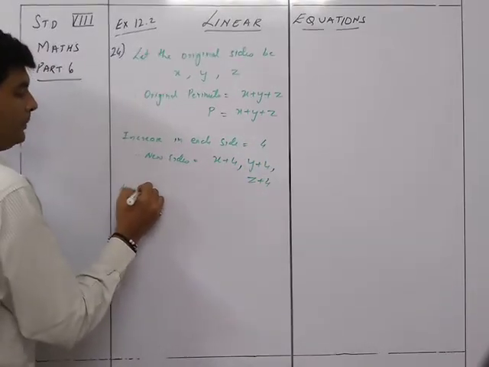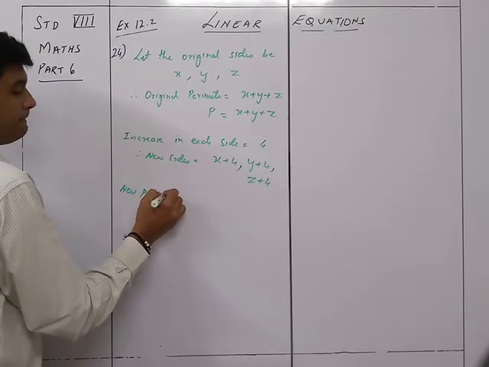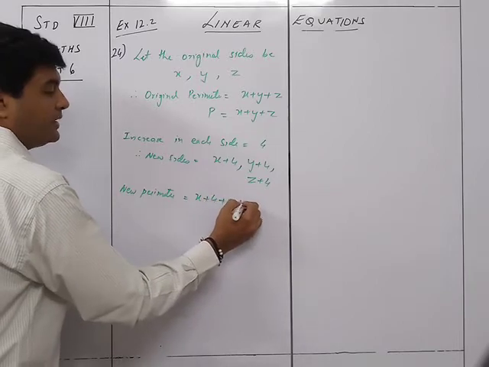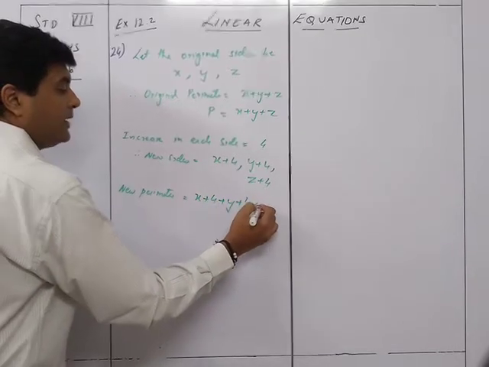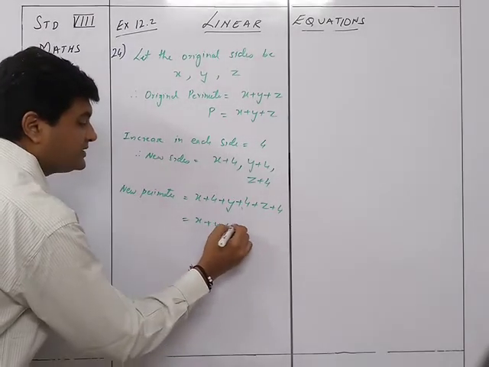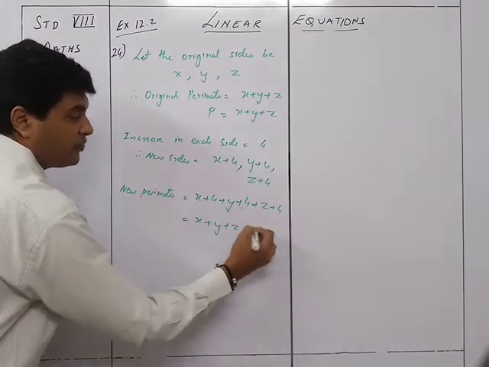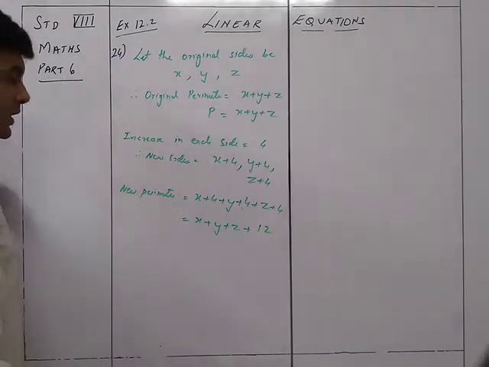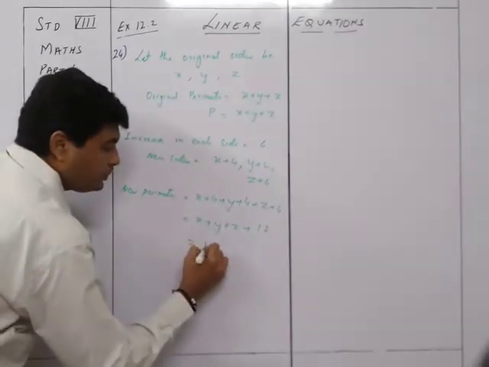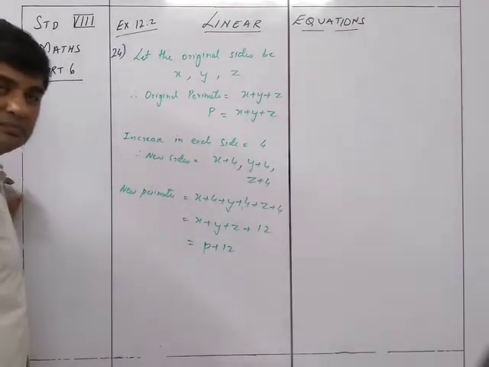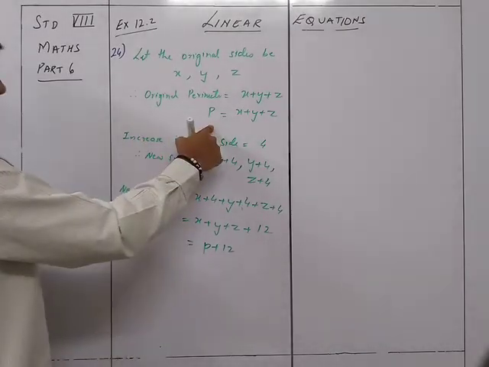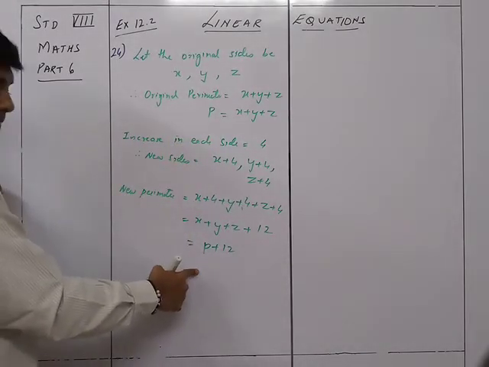So, new perimeter is equal to x plus 4 plus y plus 4 plus z plus 4, which is nothing but x plus y plus z plus 4 plus 4 plus 4 is 12. Now you know that x plus y plus z is nothing but p, so we have it as p plus 12. Okay, so we have our original perimeter as p and the new perimeter as p plus 12.